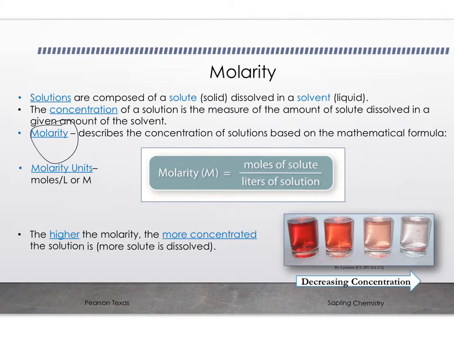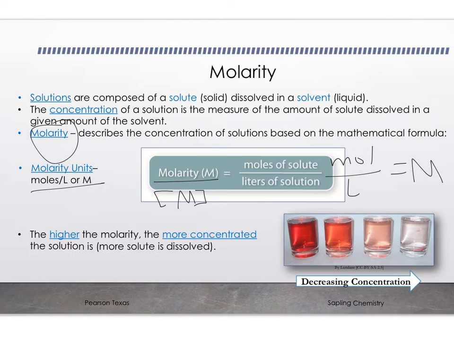Molarity, also known as the concentration, which we can identify in a bracket sort of manner, is the number of moles of solute dissolved in liters of solution. So it's going to be a mole per liter. That's also known as capitalized M for molarity. So those are your molarity units.